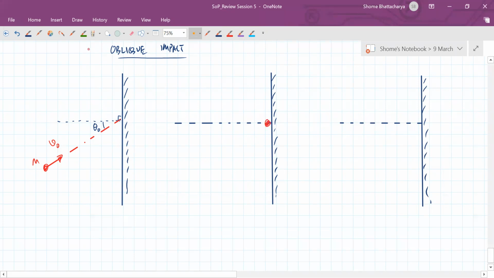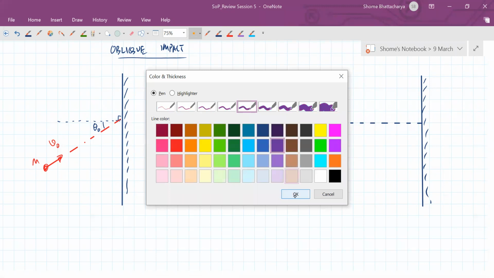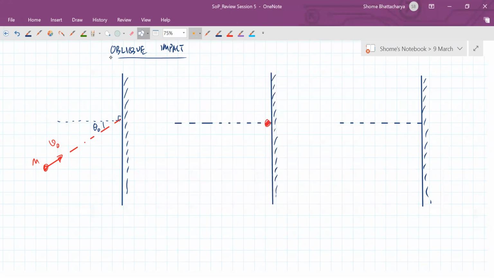The impulse acting on the particle is along this axis. That is the direction of the collision impulse. It is not along the initial axis of motion.